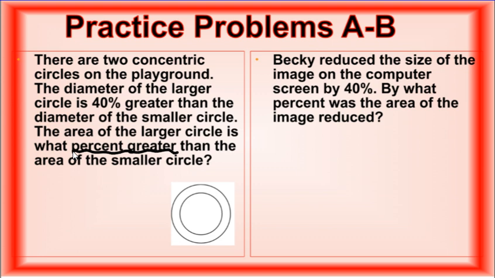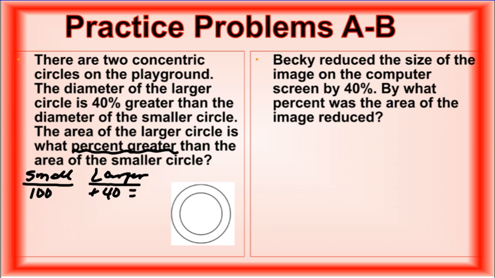So if the original one is 100%, the diameter of the larger circle is 40% greater than the smaller. So if we have a smaller one, and let's say the smaller one is 100%, and the larger one is 40% greater, so this is a plus 40% greater.